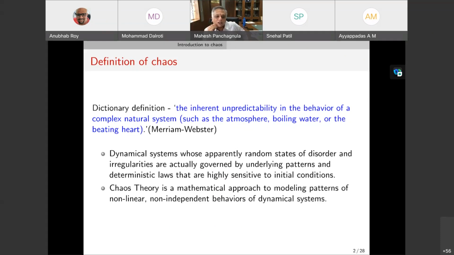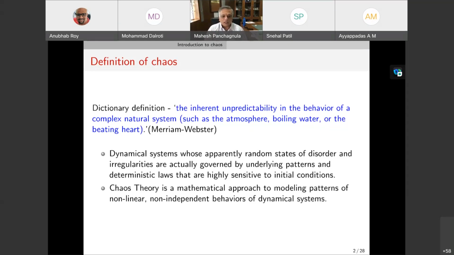Apparently, this meaning has been borrowed from the world of physics. This is not what we learn as the English connotation, but it's pretty close to the physics meaning of the word chaos.